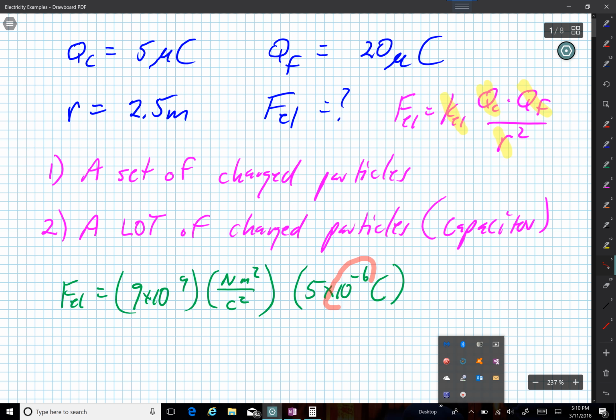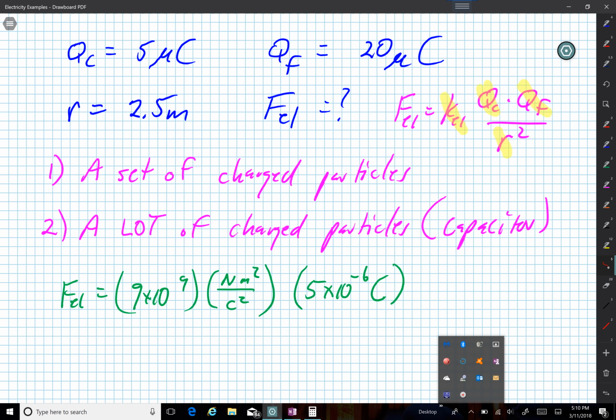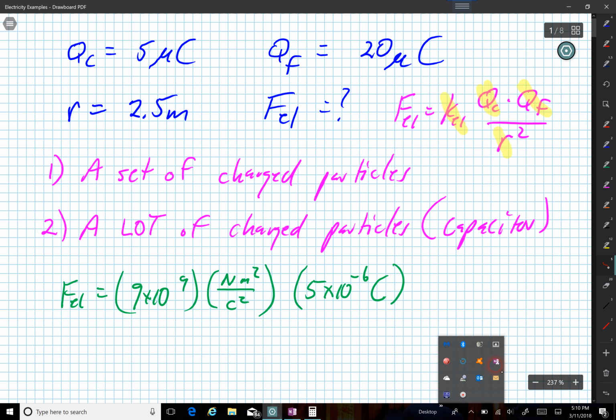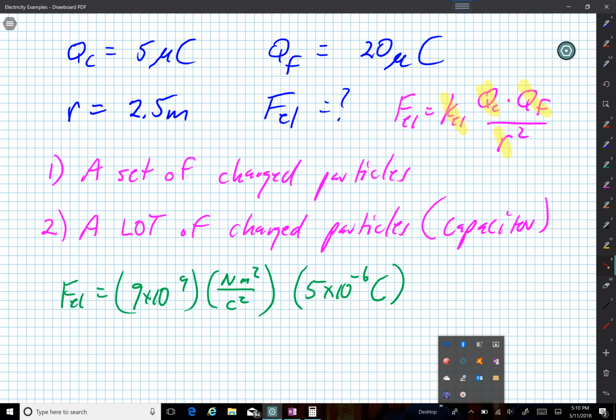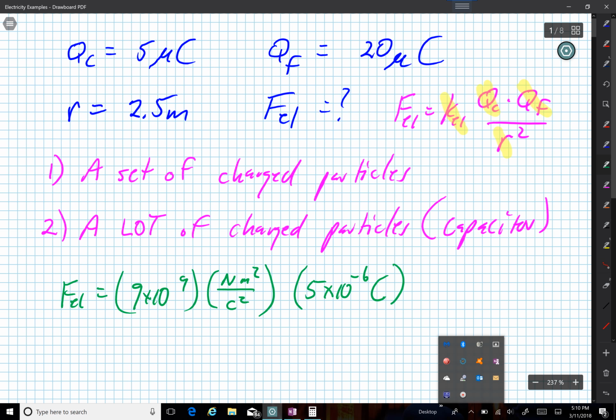The 10 to the minus 6, that's the number that is equivalent to a micro, a prefix. So I have a prefix of a micro up here, and I'm just going to replace that with the number that it's equivalent to. You find that on the chart in the front of your book. And then I've converted from microcoulombs to coulombs. And then I've got 20 times 10 to the minus 6 coulombs.